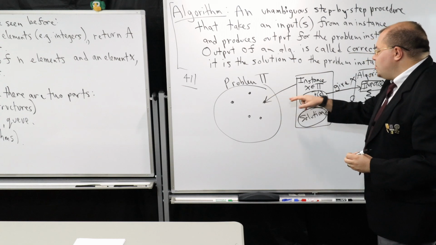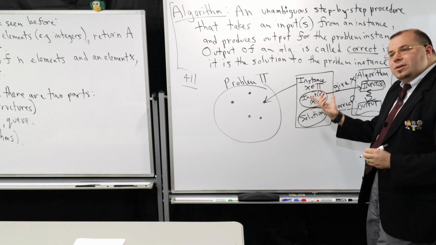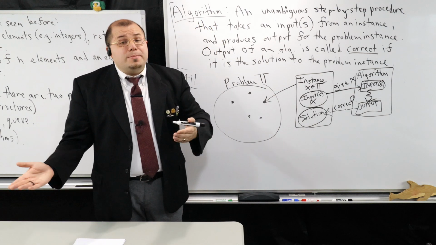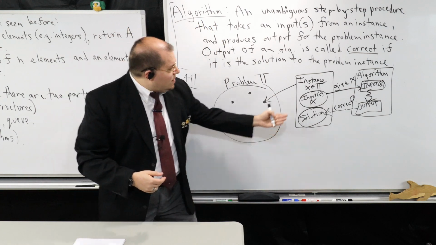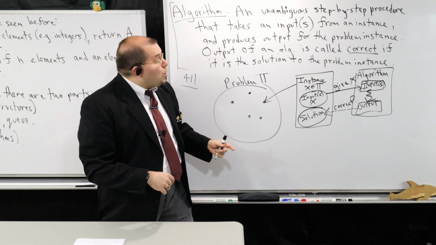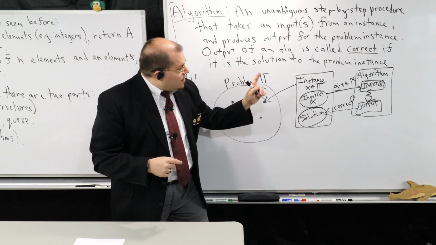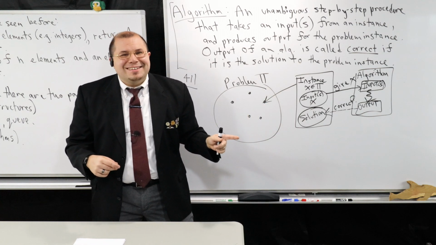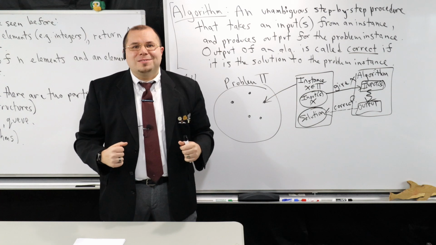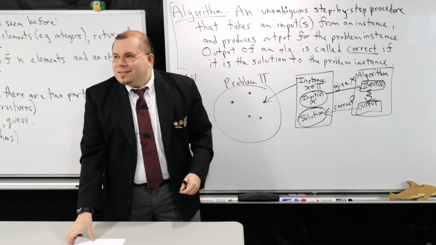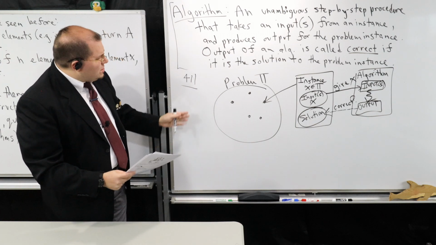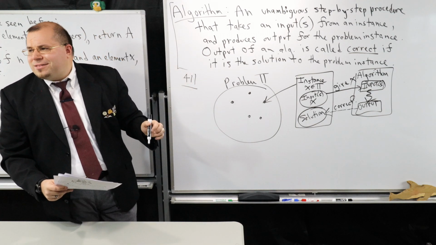Each one of them has inputs, and that's how it's encoded. The idea is that our algorithm is going to be fed this input. It does some processing, and it produces output. And what we're interested in is whether that output is correct, meaning it is, in fact, the solution to that problem instance. So this just hopefully gives you a big idea of what's going on here.